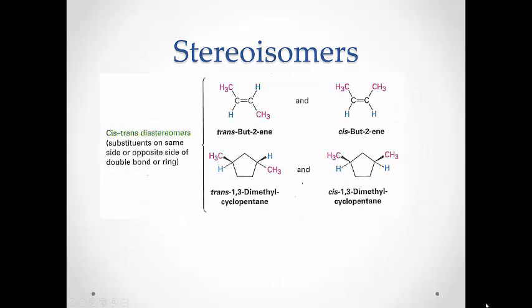When we have a look at cis-trans, trans is when you've got a functional group on opposite sides across a locked double or triple bond or a cyclic structure. So you've got one up and one down, and cis is when they're on the same side. So cis is the same side and trans is opposite sides. Here we have 1 up, 1 down, and here we have 2 up. So we've got cis-trans.